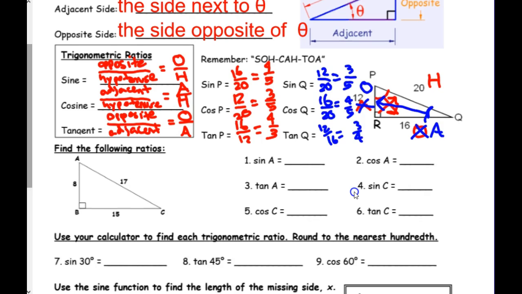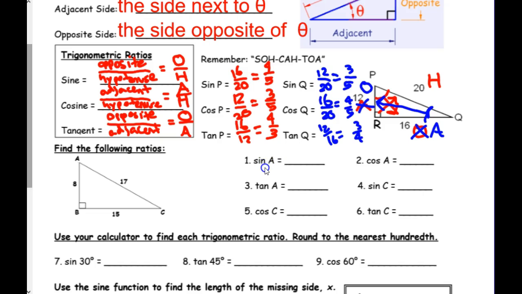Now, again, you gotta be straight with me. If you're not getting it, I want to make sure you get it, so we're going to do another round of this, okay? Now, number 1, 2, and 3, sine, cosine, and tangent, what's the angle? What's the theta? A, okay?